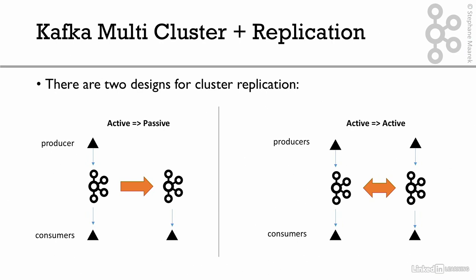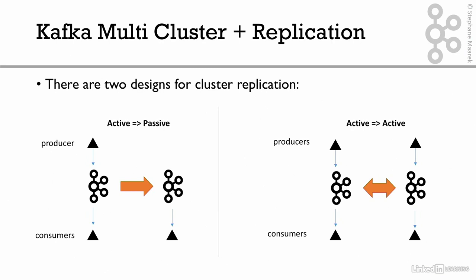So the first one, active-passive, I would say is when you have an aggregate cluster for doing analytics, and so you pipe all the data from all your other clusters around the world into this one Kafka cluster, and maybe this one will go straight into Hadoop. Well, active-active is when you have a global application that needs all the data globally in each local region. Overall, this is a very complex topic, far beyond the beginner's level, okay?